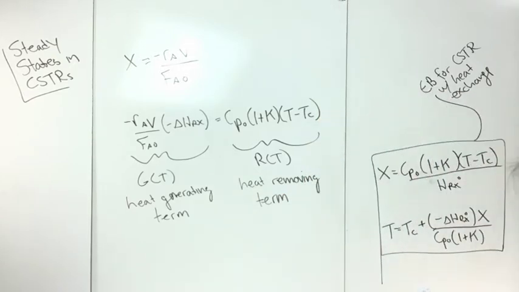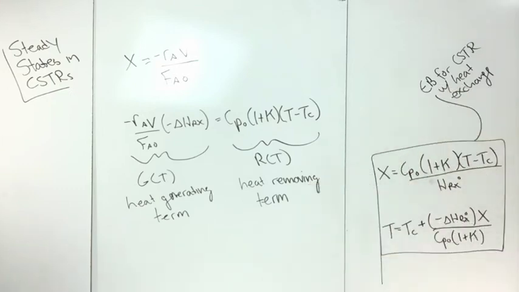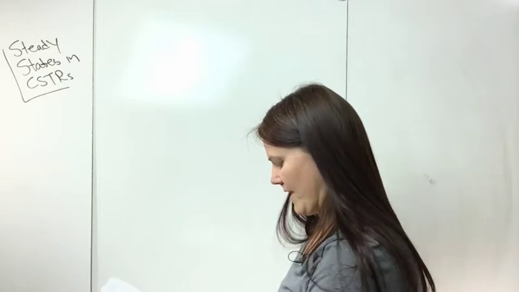So to analyze the multiple steady states in a CSTR, we want to plot R of T and G of T on the same graph as a function of T. So I'll show you an example of that. I'm going to erase some stuff real quick. I'm going to actually rewrite this equation.